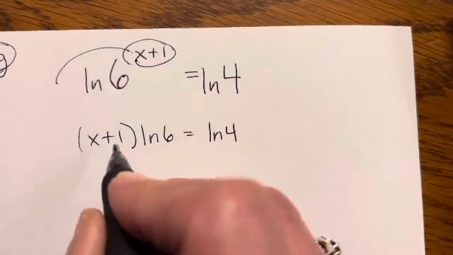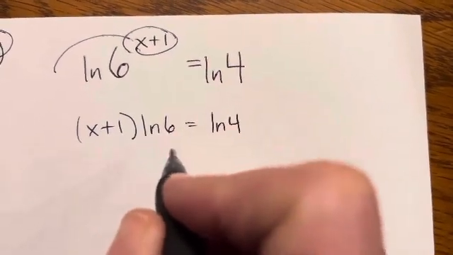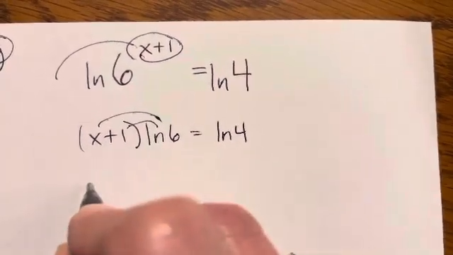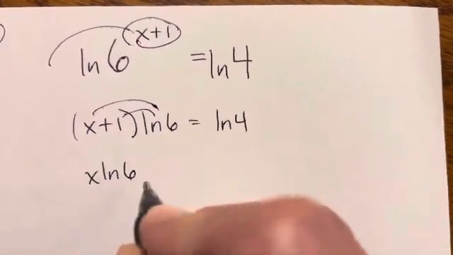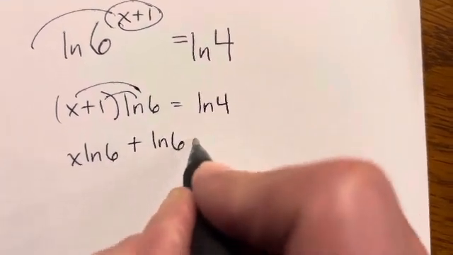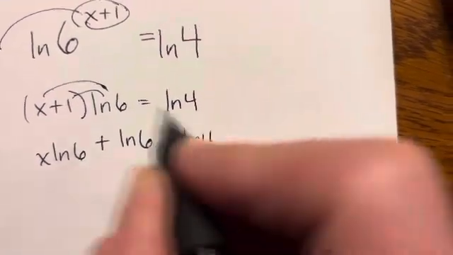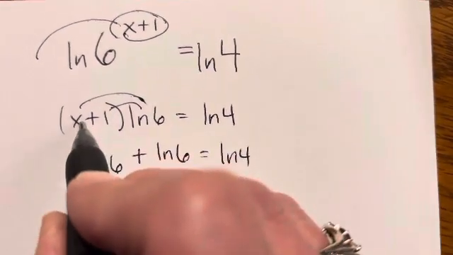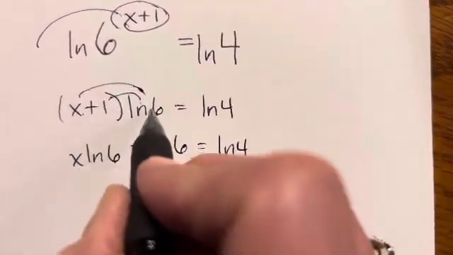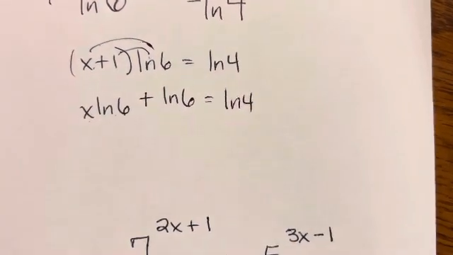Now, I think there's 2 ways you could do this, okay? I think your book typically wants you to distribute. My cat's getting ready to jump up here and he's gonna get in trouble. But all I did was I took the natural log of 6 times both of these. So there's x times the natural log of 6, and then the log of 6 times 1 just gives me that.